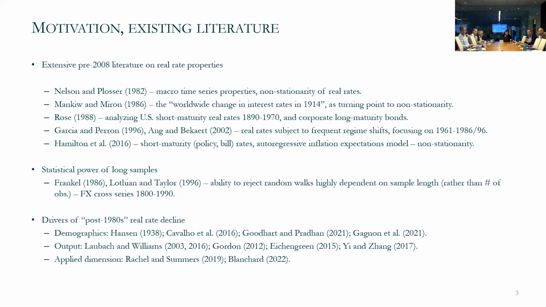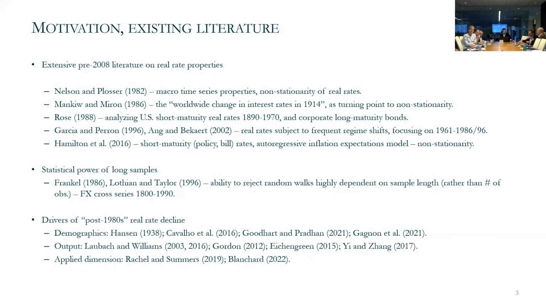But what they all have in common, in our view, which is a deficiency, is that they look at short maturity real interest rates and post-1945 data sets. However, it has been known for quite a while, and this is literature that evolved out of FX and currency statistical investigations, that this kind of analysis is very deficient if you look at rather short samples.